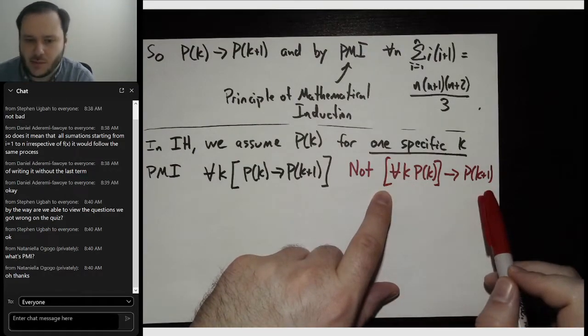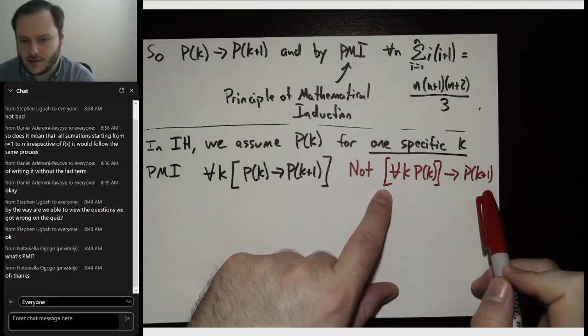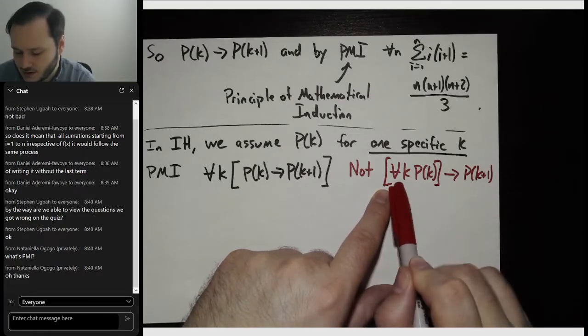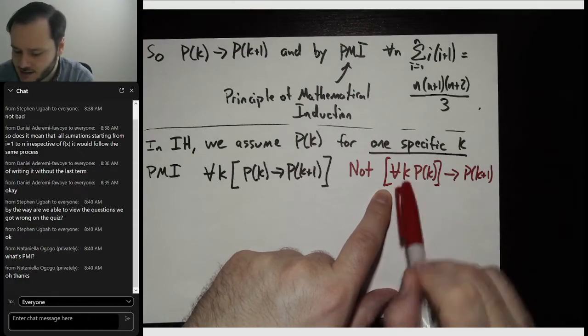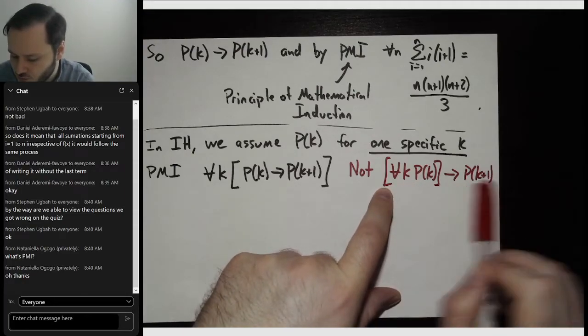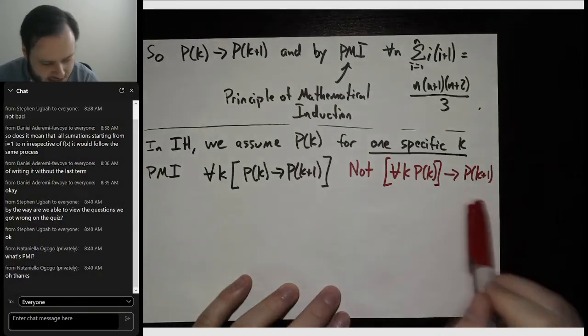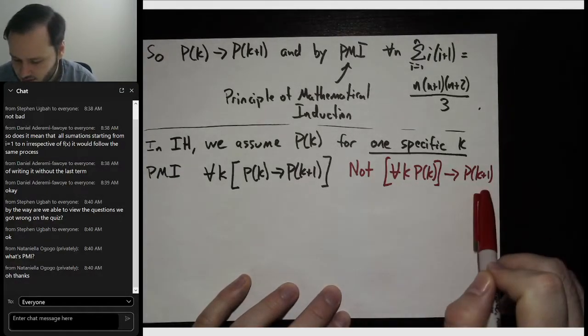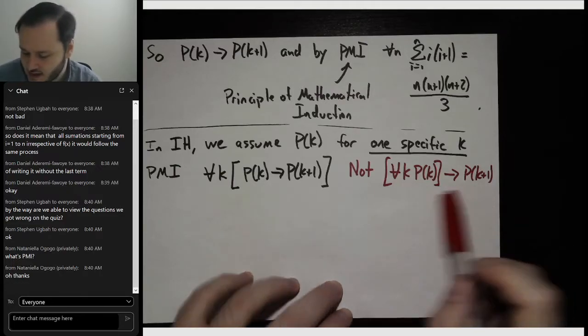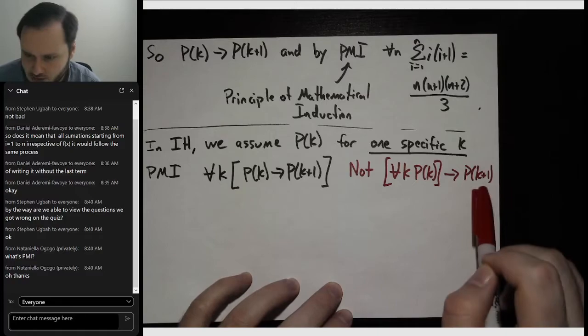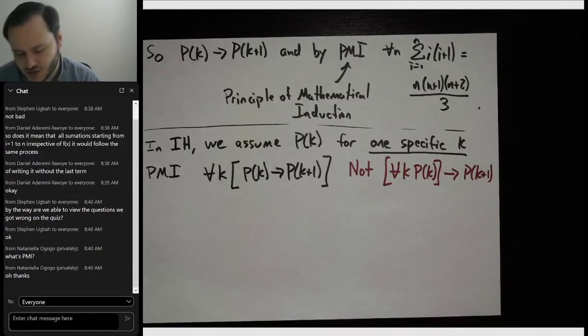This is a true statement, right? You can use the rule of universal specification to say if it's true for all k, then it's true for P of k plus 1. But this is not what PMI is. This is not induction. This is assuming everything is true, then one specific answer is true, which is not especially helpful.